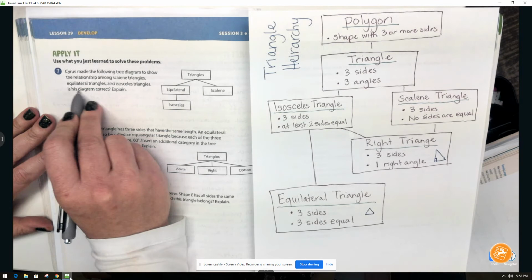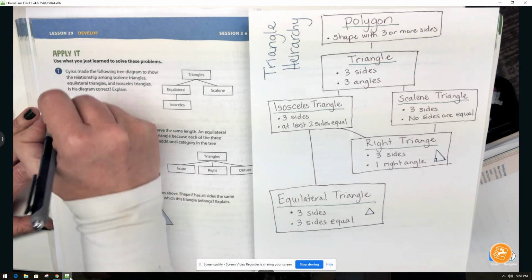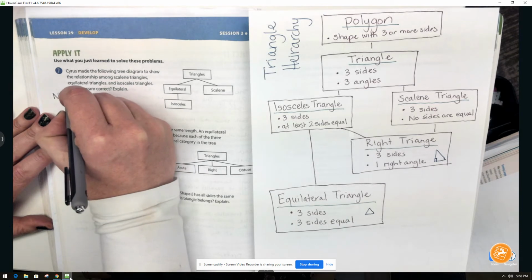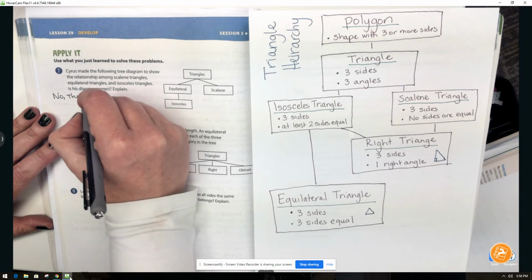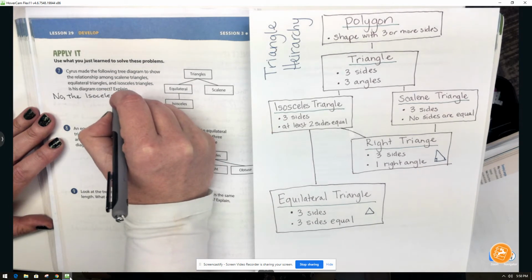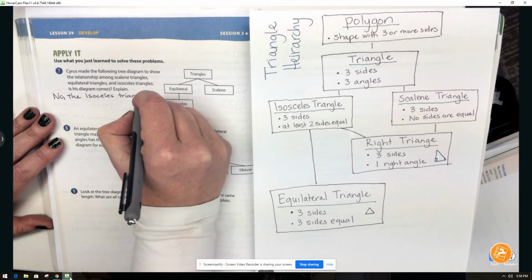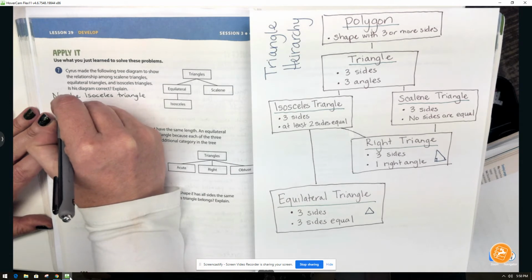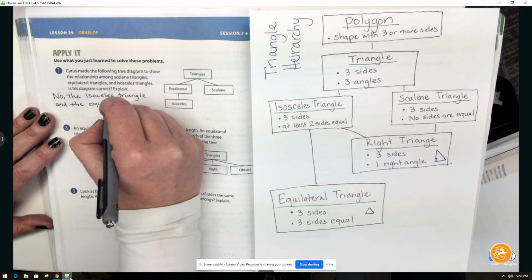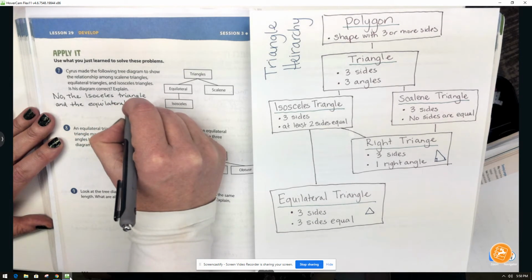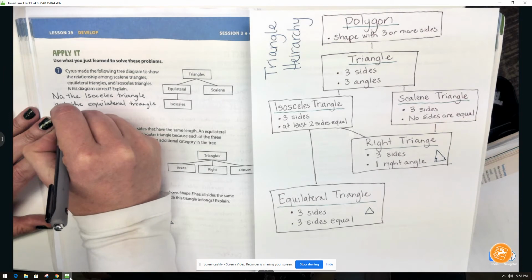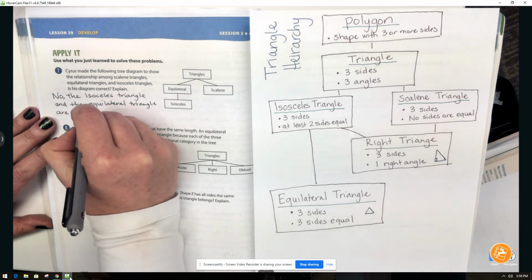That's right. They're asking, is this diagram correct? And you're going to say, no. The isosceles triangle and the equilateral triangle are switched.